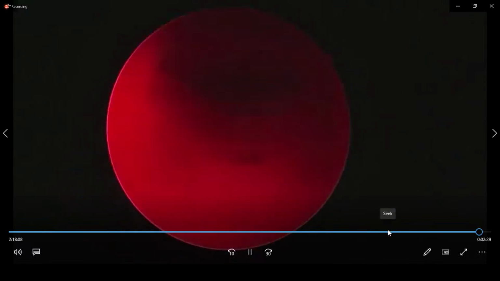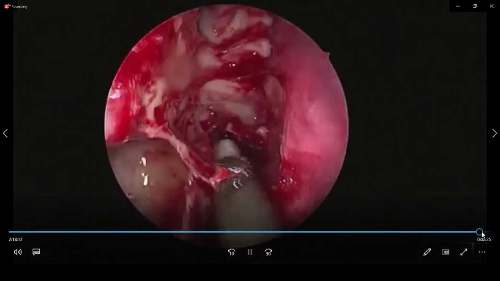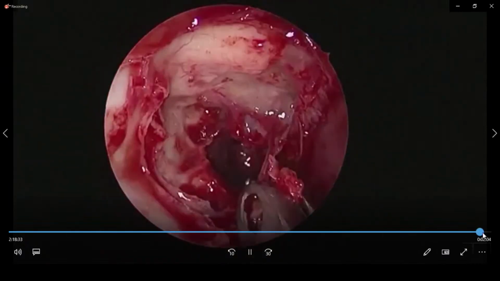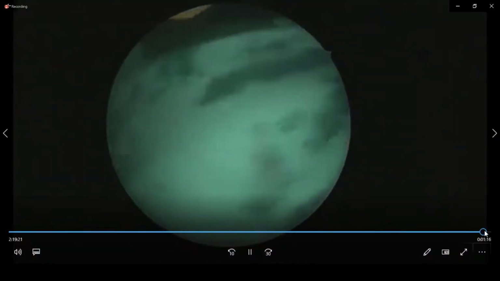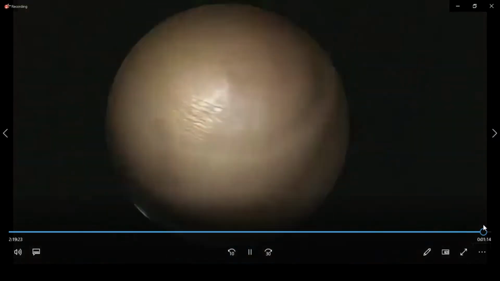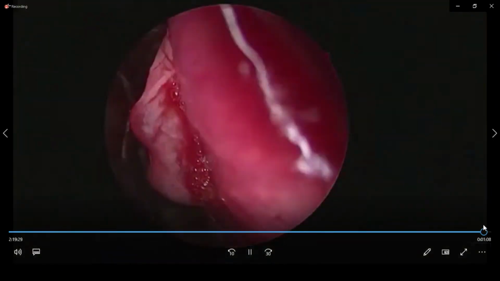See, this is the interior of the sphenoid sinus, and that is widening, and this is all about the sinus surgery. This is full house sinus surgery on this side.